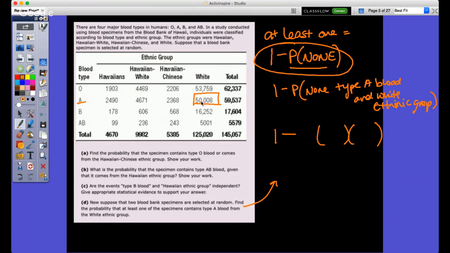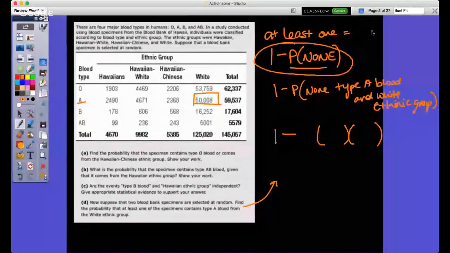So it'd be 50,008 over the total, where it would be white and A. But if it would be not, it'd be 145,057 minus 50,008. So let's do this real quick.